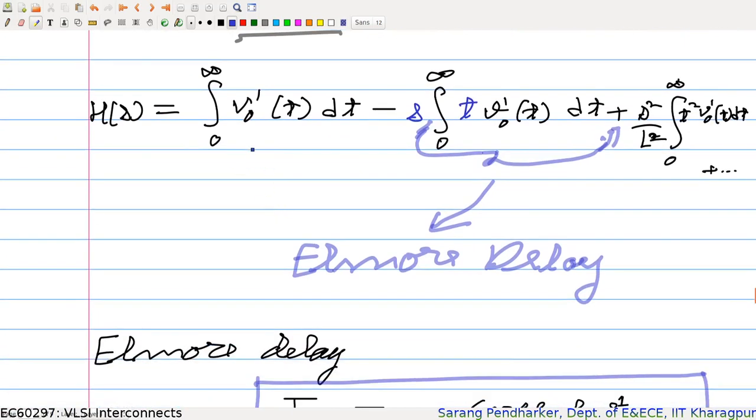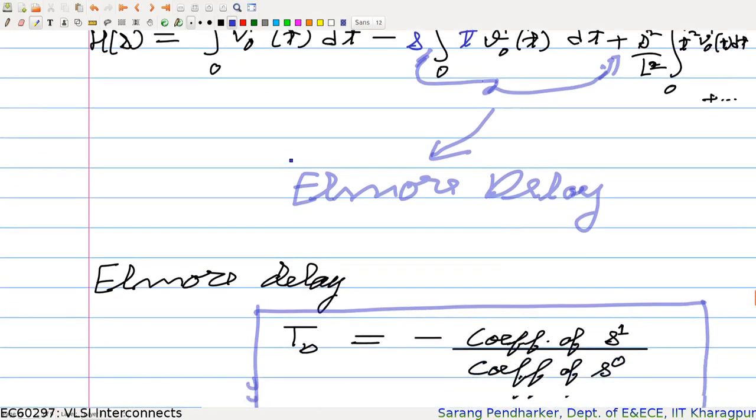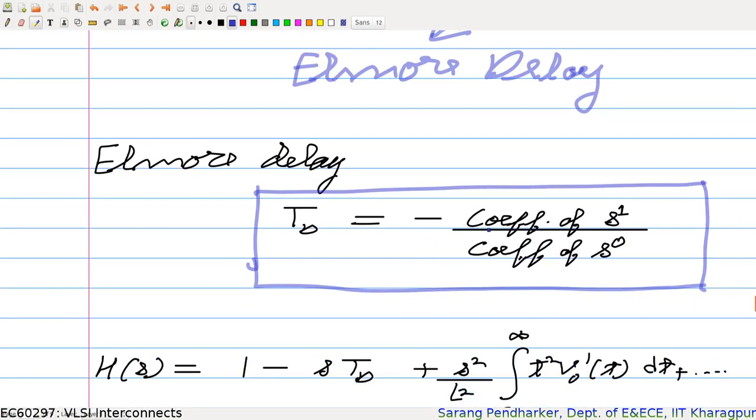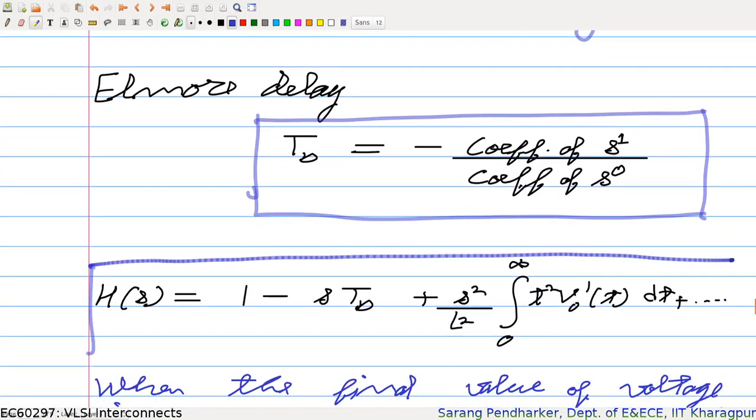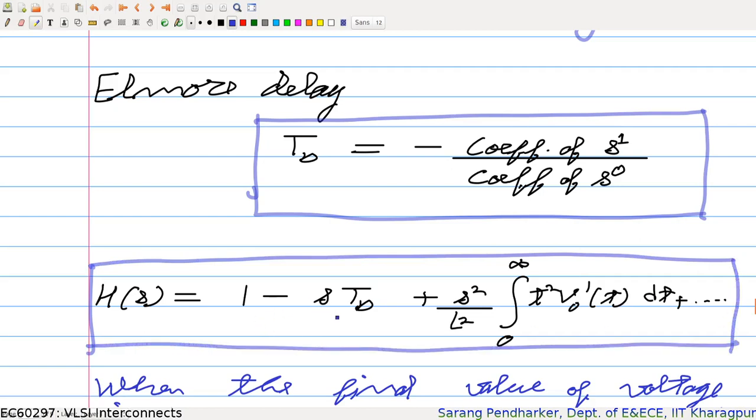Now if the final value of your output voltage is 1, then the first term automatically becomes 1, and what you would have is simply h of s equal to 1 minus s times td plus this summation.